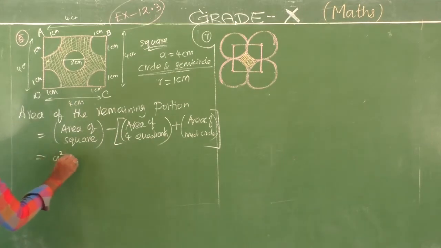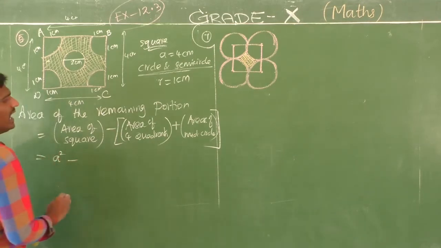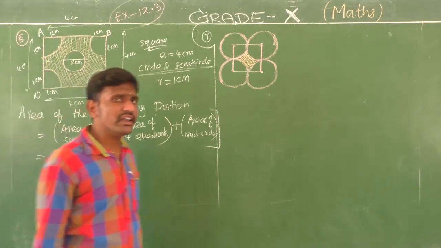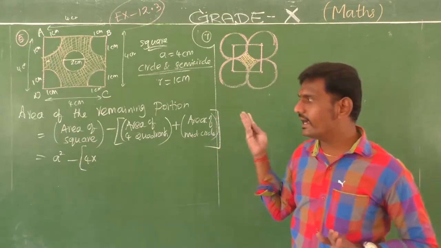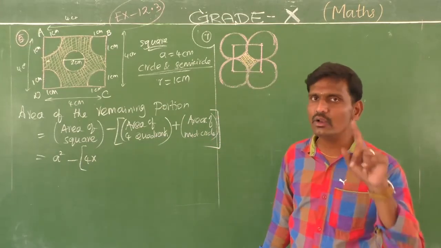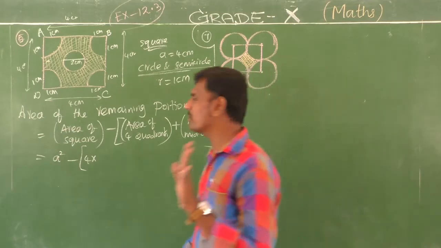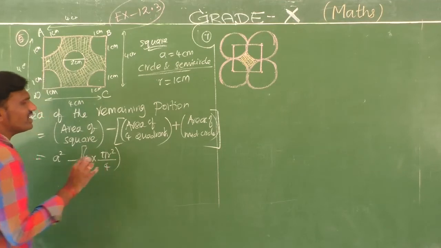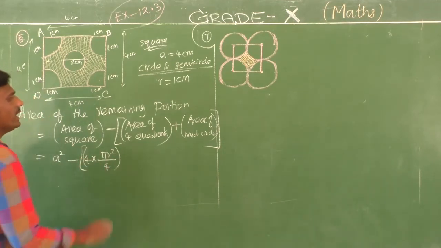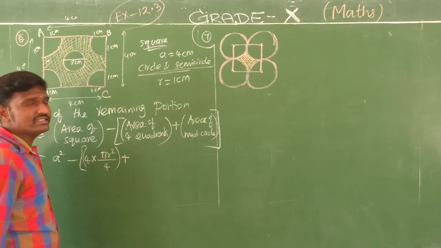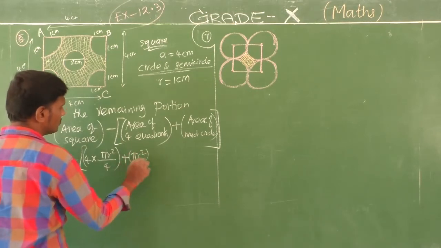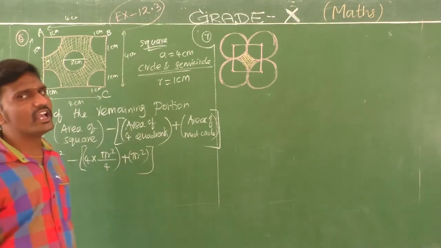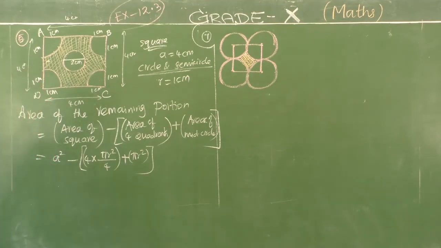Area of the square is side into side, and 4 into area of the quadrant. What is the area of the quadrant? Pi r square by 4. We write pi r square by 4 because it is a quadrant. Plus the area of the middle circle, which is pi r square. Circle is pi r square, quadrant is pi r square by 4.